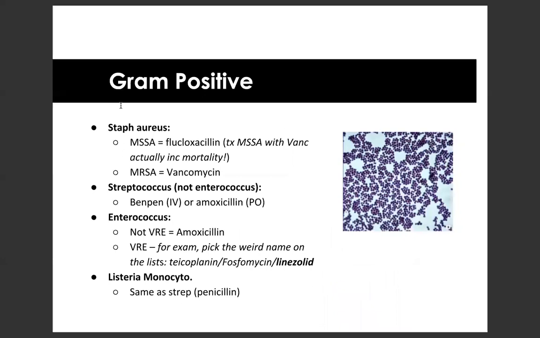The treatment of choice for MSSA, if it's methicillin sensitive, is flucloxacillin. If it's methicillin resistant, vancomycin is your antibiotic of choice. For Streptococcus, the first line treatment is benzylpenicillin or oral amoxicillin. And for Enterococcus, the best treatment is amoxicillin.